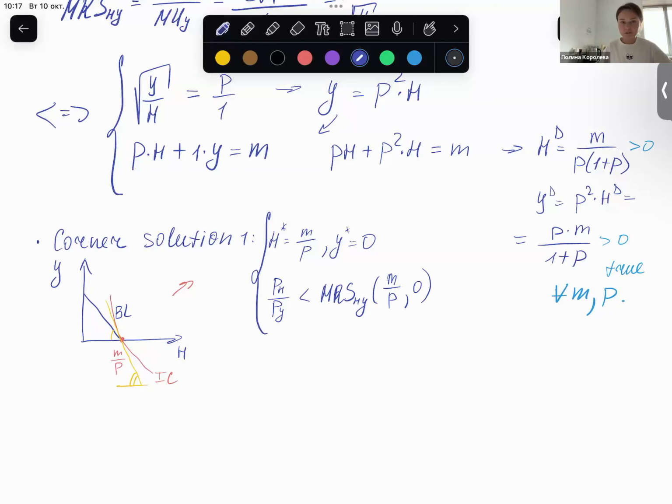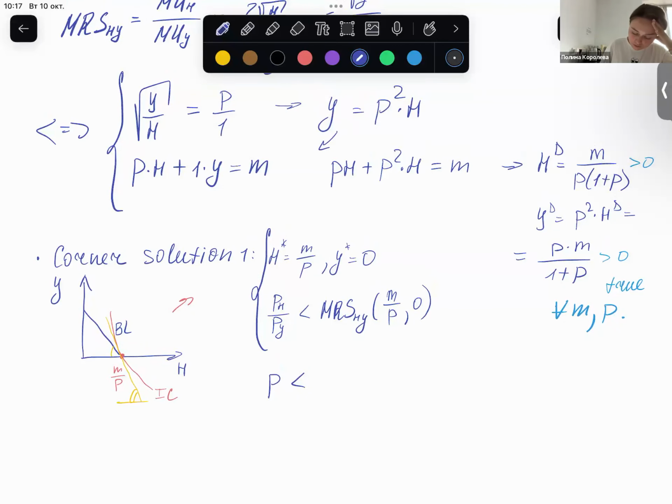So let's check if we have such a corner solution. We know the price ratio is the price, and this should be less than the marginal rate of substitution at our point. This is the square root of y, equal to 0, over M divided by price. You see that this is equal to 0.